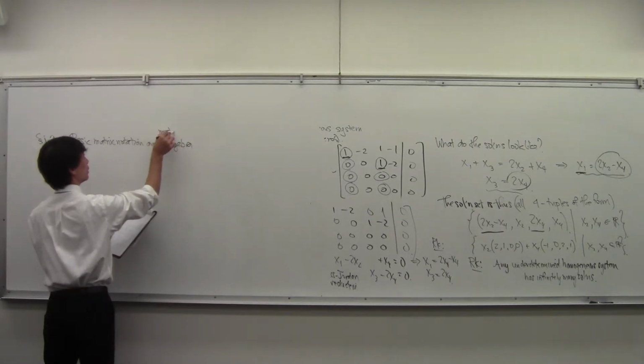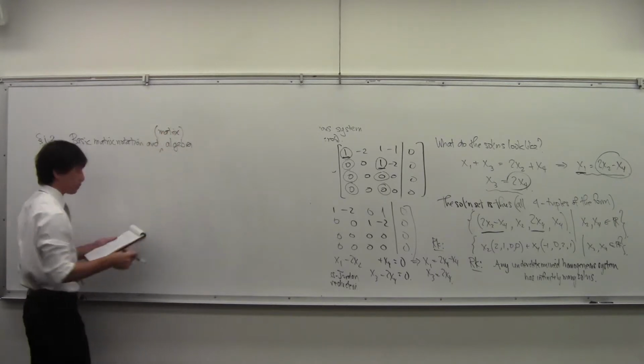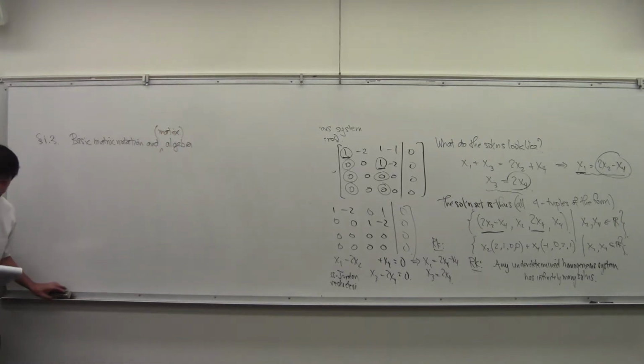Matrix algebra. So for the rest of the class and maybe the beginning of the next class, it won't be particularly exciting. It's just notation. But we have to do this notation, and we have to get used to it.